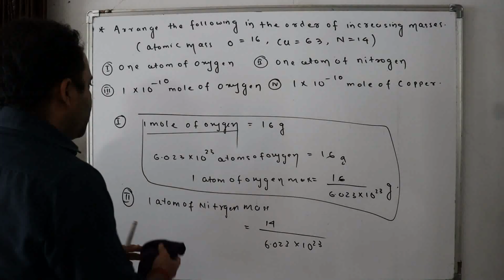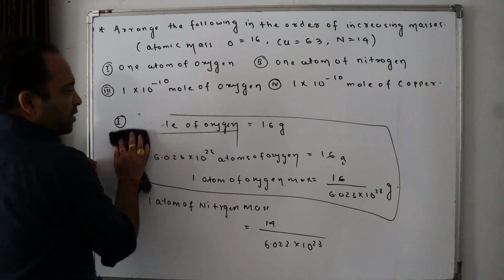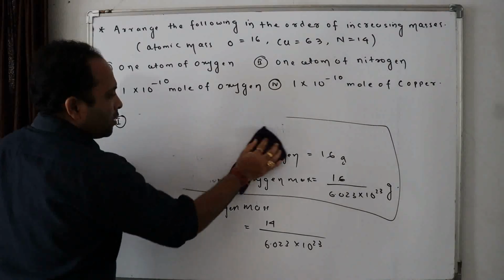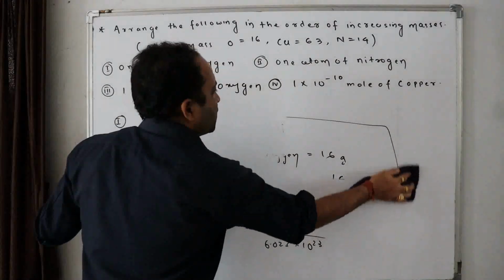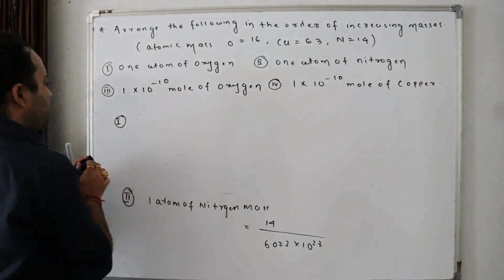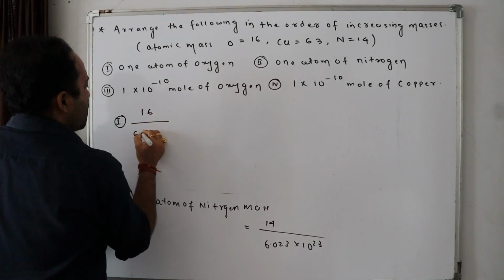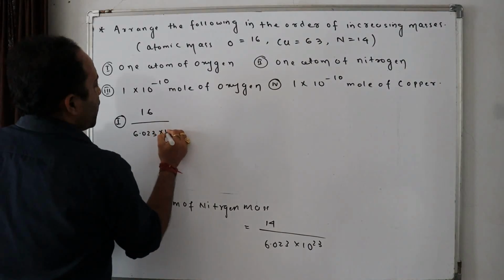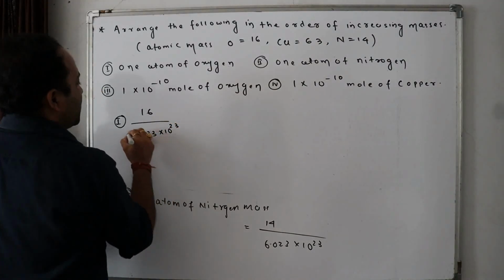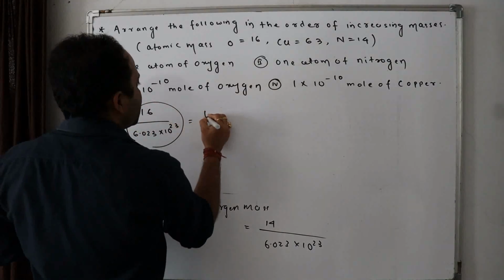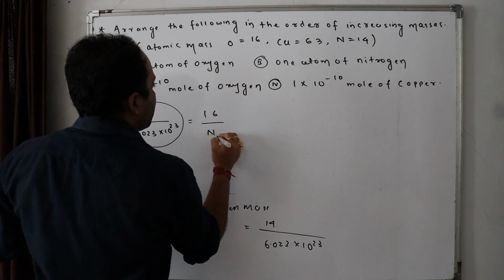So the first mass was how much? 16 by 6.023 into 10 to the 23 grams, or rather I can say it as 16 by Avogadro's number.